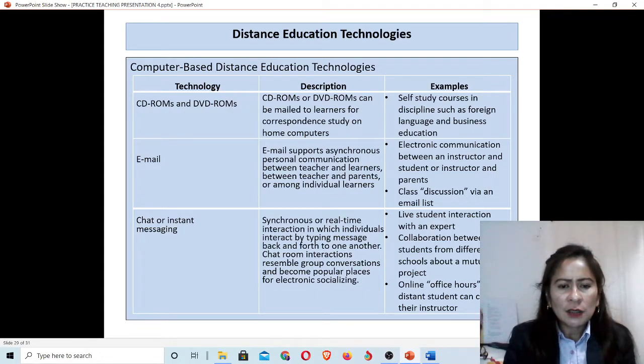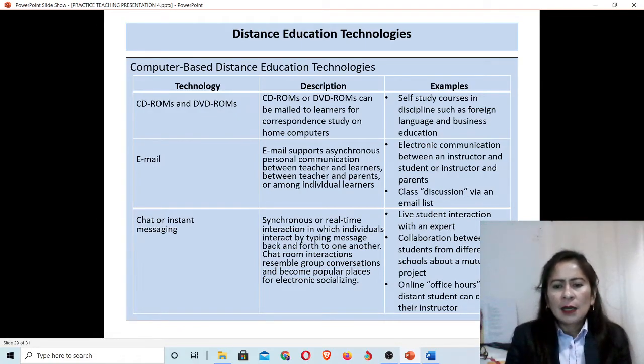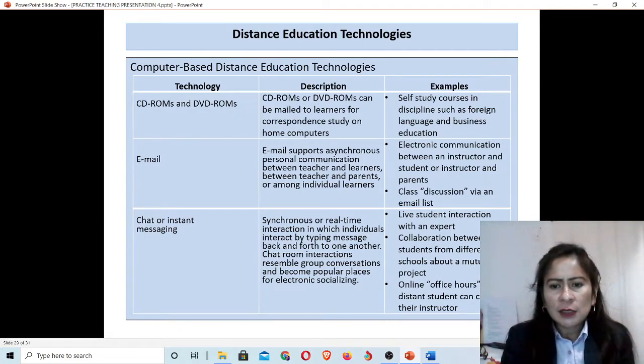Chatroom interactions resemble group conversation and have become popular places for electronic socializing. Examples are live student interaction with an expert, collaboration between students from different schools on a mutual project, or online office hours when distant students can contact their instructor.